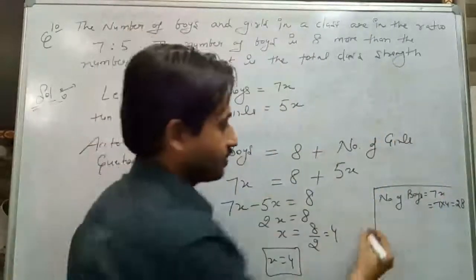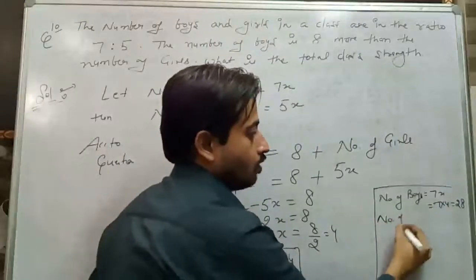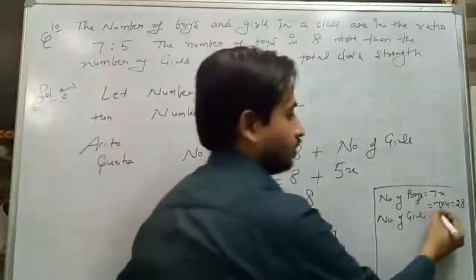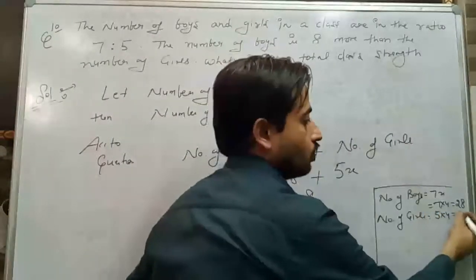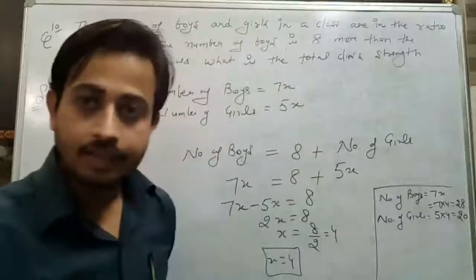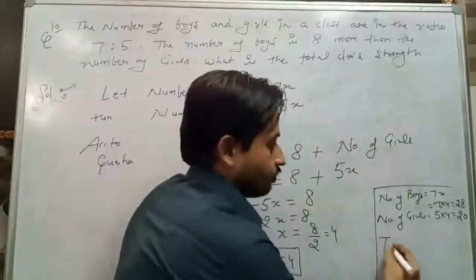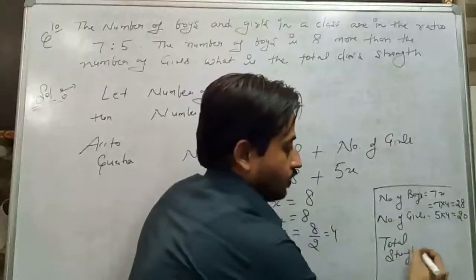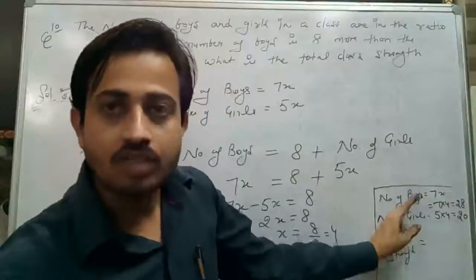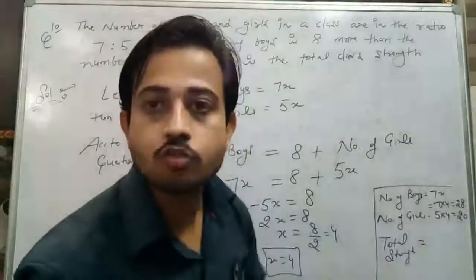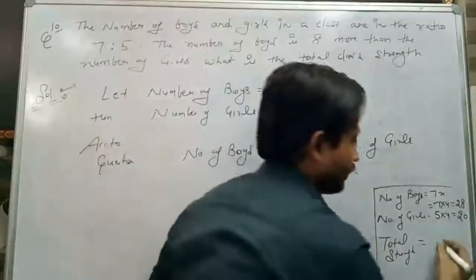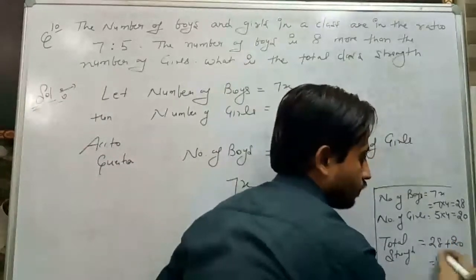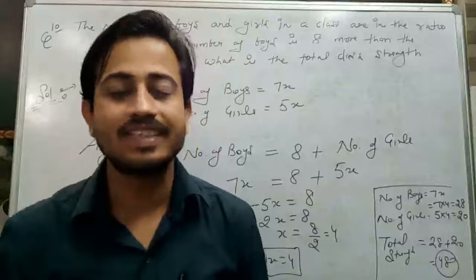Now number of girls: 5x, then 5 into 4 is equal to 20. Total strength means number of boys plus number of girls. 28 plus 20 is equal to 48. So 48 is the answer.